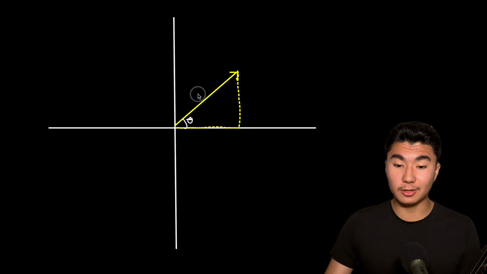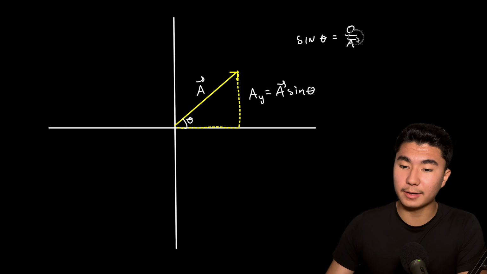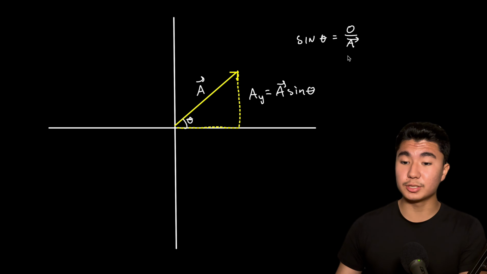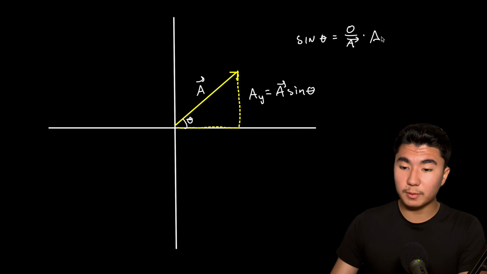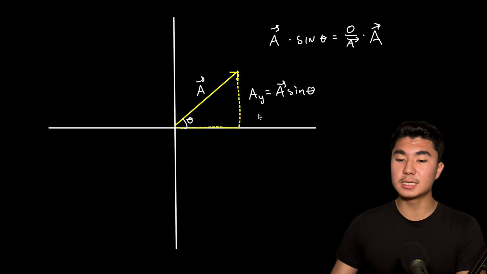The reason why is because sine theta is going to equal opposite over hypotenuse, which is going to be our displacement. If we just multiply this on the other side, then this is pretty much what we get.